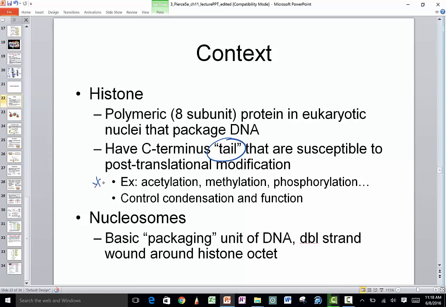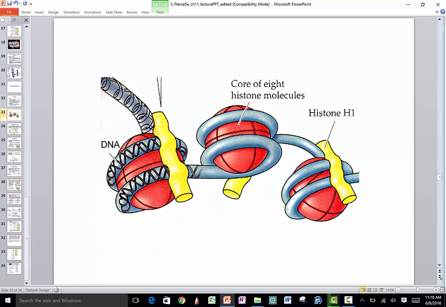These are some of the modifications that we can see, and what these do is they control how tightly condensed the chromatin is, and how tightly condensed it is determines its function, meaning is it transcribed or is it not. And the nucleosome is the basic packaging unit of the DNA, and it's around this histone octet or the histone octamer. So we just talked about that.